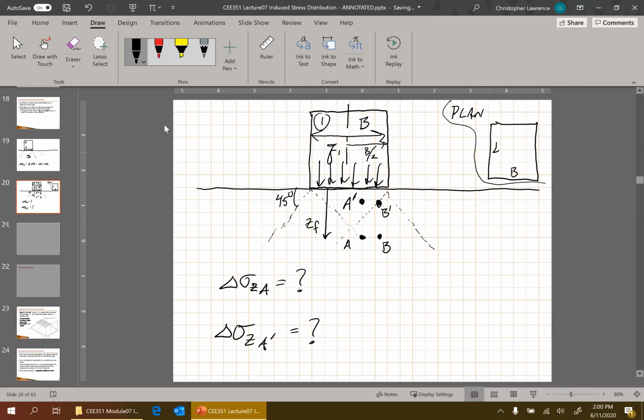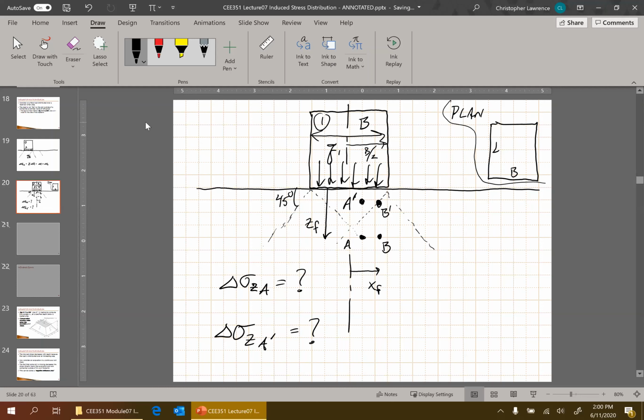Okay, that lateral distance away from the center line of the load. I'll call that XF.